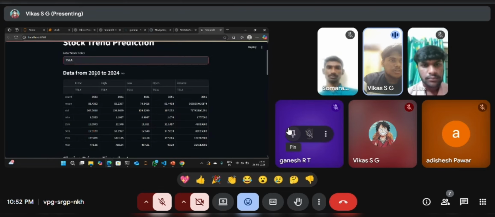The data from 2010 to 2024: close price, high price, low price, open price, volume, the number of counted days, and mean. This is closing and high, low, open, volume mean, and also standard deviation, minimum, 25%, 50%, 75%, and maximum.